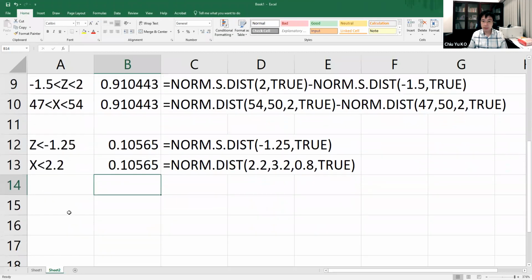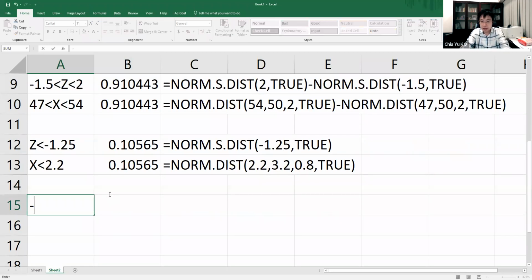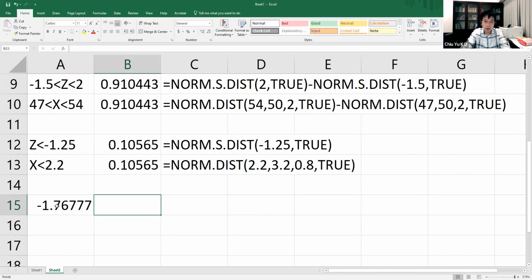Now what we want is negative 0.5 over the square root of 8 over 100. This is a quantity, and we want the t distribution.